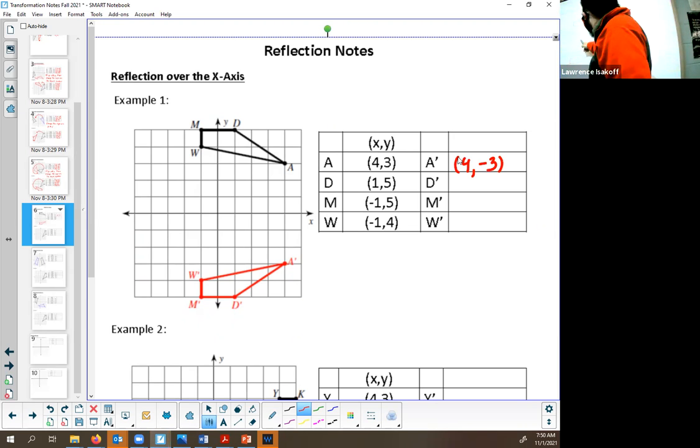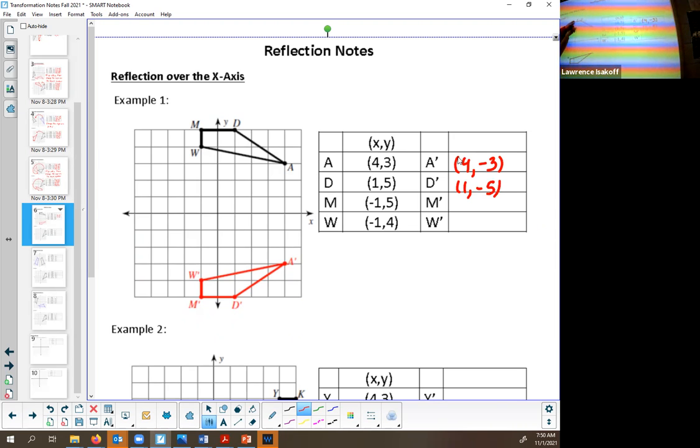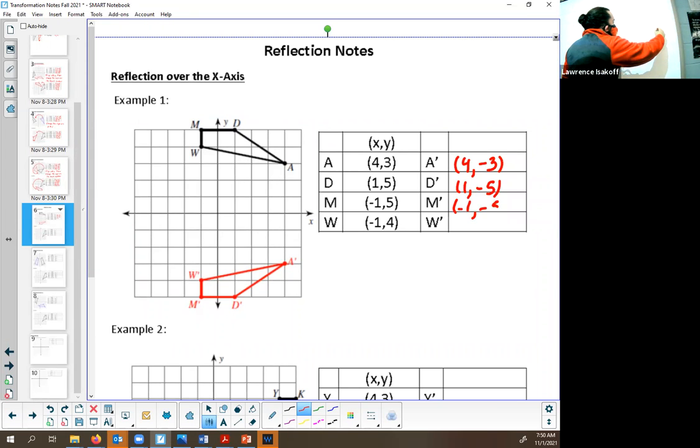D was at 1, 5, D prime is at 1, -5. M is at -1, 5, and that is -1, -5, and -1, 4 changes to -1, -4.